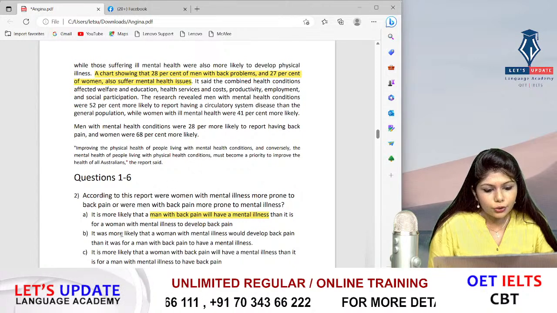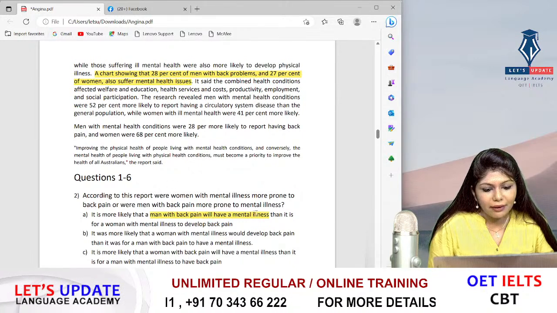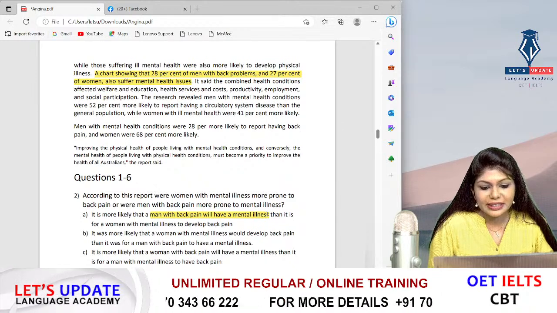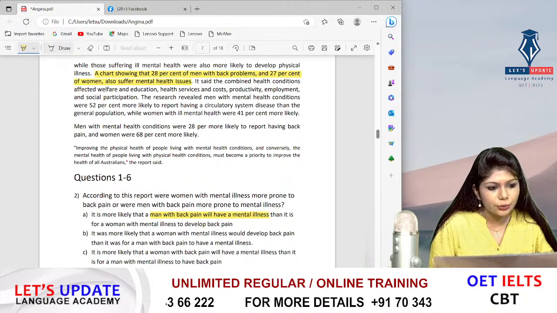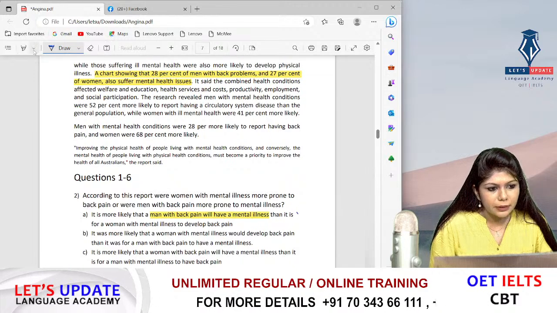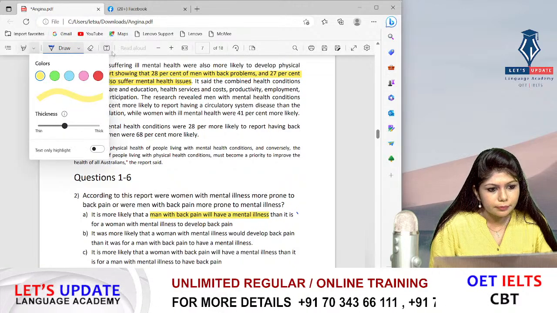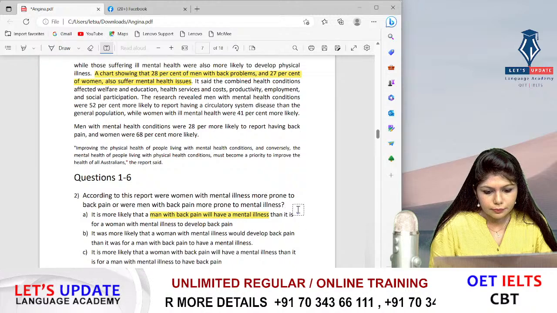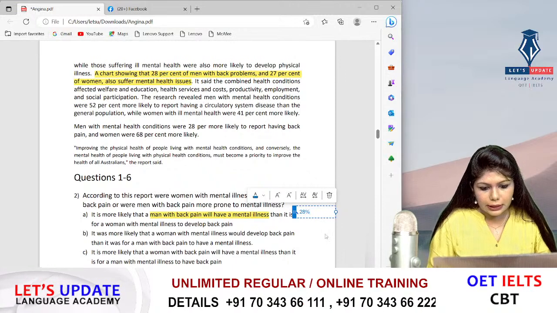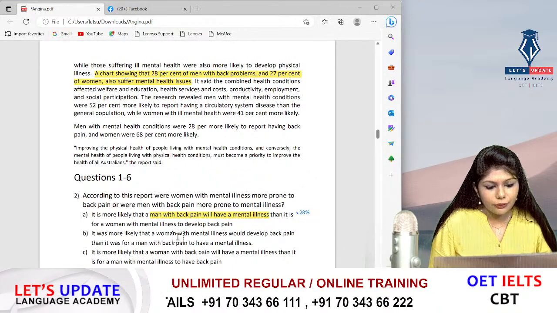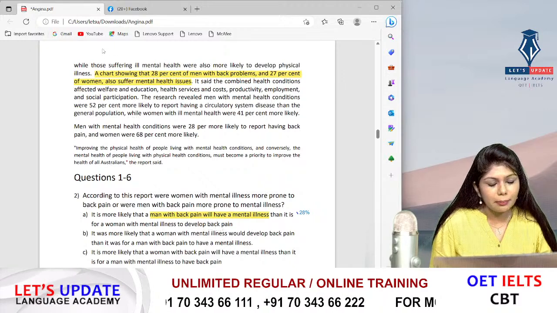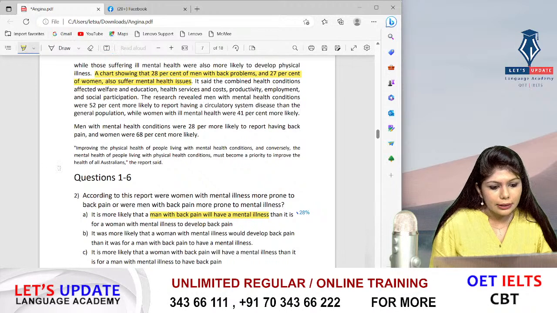Okay, and so a man with back pain will have a mental illness, that is around how much percent? 28%. It is indicated over here. And then it is for a woman with mental illness to develop back pain. Where is that written? That's written over here.